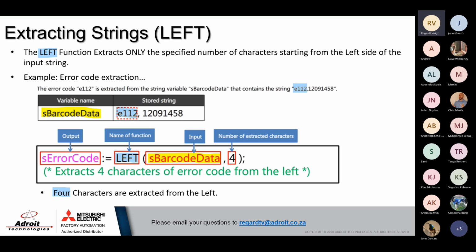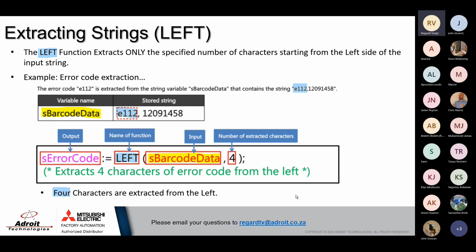So if you want to decode a string being read from your barcode scanner in this application, and you see in the manual of that product that the first four characters will indicate the error code, for instance, you will only need to isolate the first four characters to identify the error code from your string.